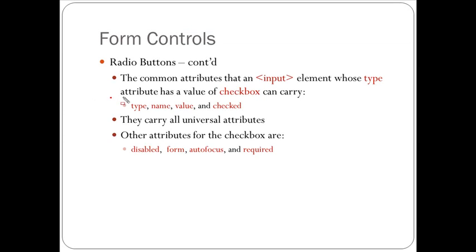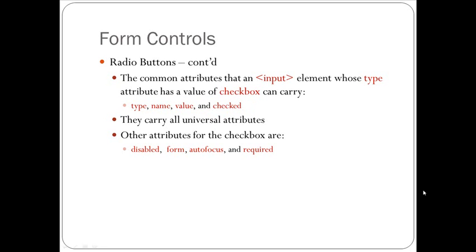Again, just like the checkboxes, you need to set the type to radio, you need a name and value, and you can use checked if you want to pre-select it. The sample we just looked at did not pre-select one of those, but you can pre-select one using checked.